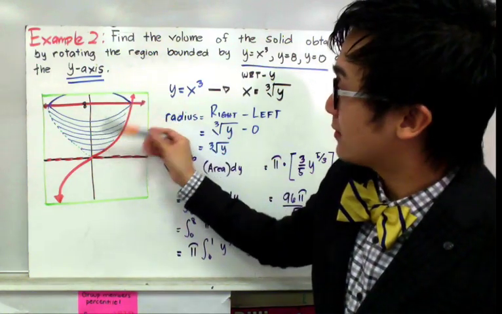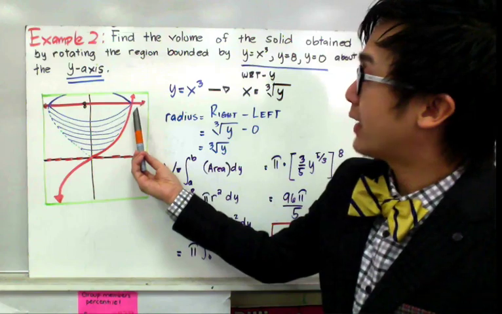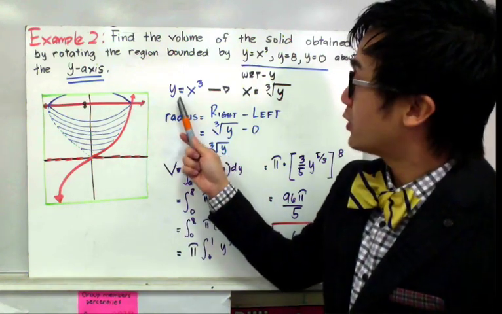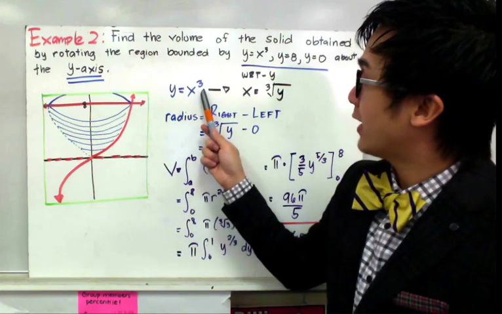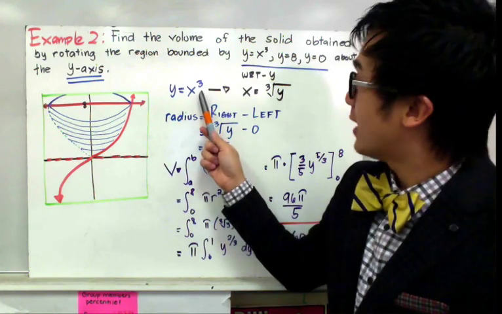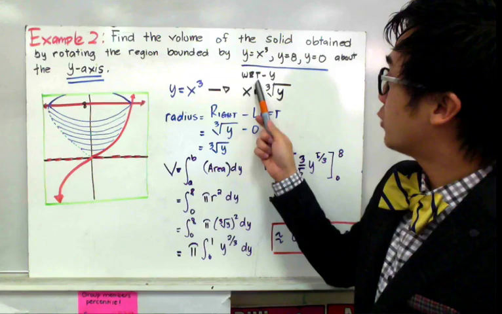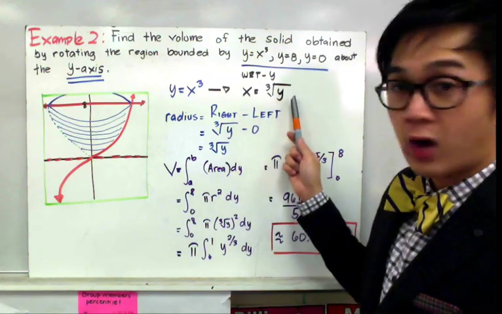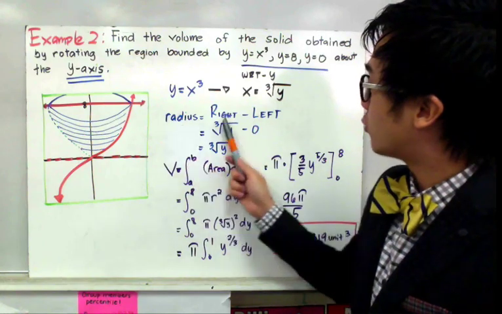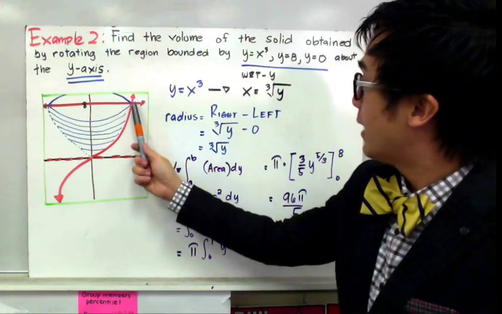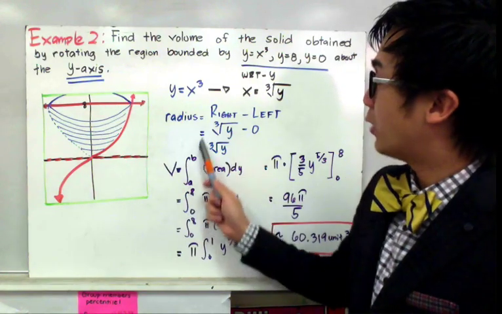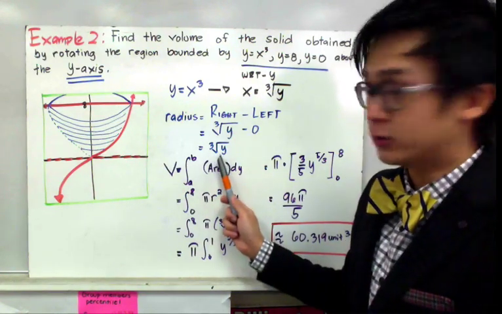And if that's the case of finding the area of a circle, we are going to change the function from y equals x cubed, which is your function with respect to x, to a function with respect to y, which will give us x equal to the cube root of y. And we know that the radius is right minus left, so the right function is cube root of y minus 0. So now our radius is measured as the cube root of y.